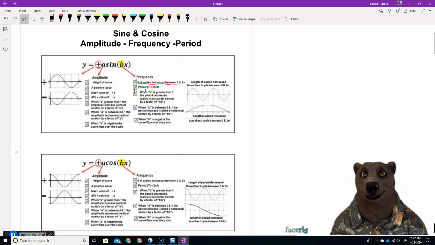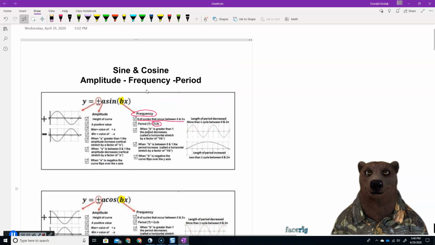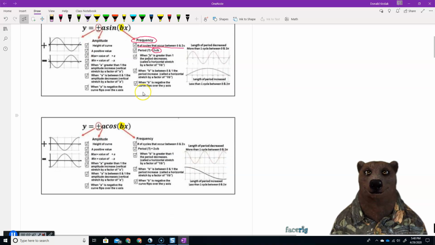The number of cycles is referred to as the frequency. Now, this we use to get how long the period is. To figure out the period, you take 2 pi and you divide it by whatever that number is. Let's take a look at what these look like with some examples.